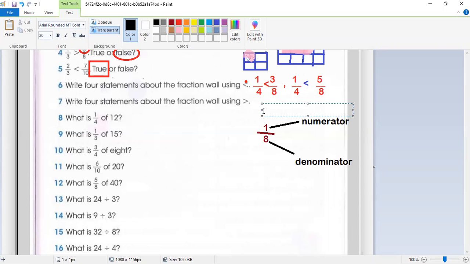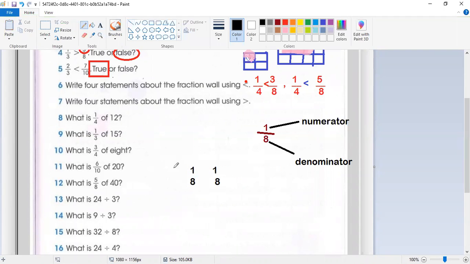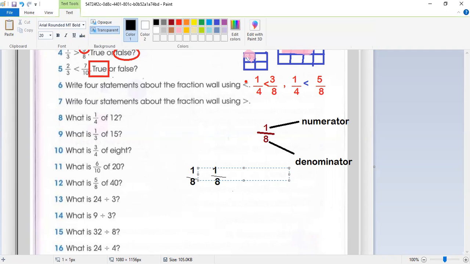But if the numerators of both values are the same, for example, look, 1/8 and again 1/8, they both are equal, right? These values are the same.